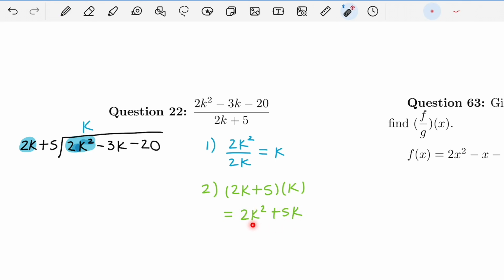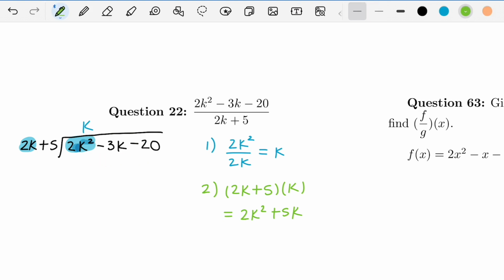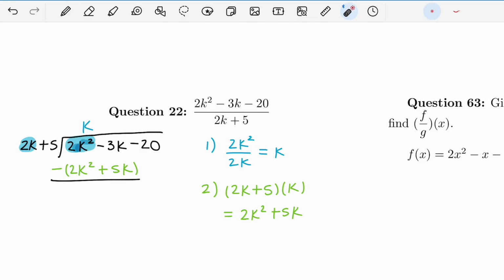Now next, this result here, what we're going to do is subtract it from our original polynomial. So we're going to subtract out 2k squared plus 5k. So when we subtract out this polynomial, remember this minus is going to be distributed to both terms inside of our parentheses here.